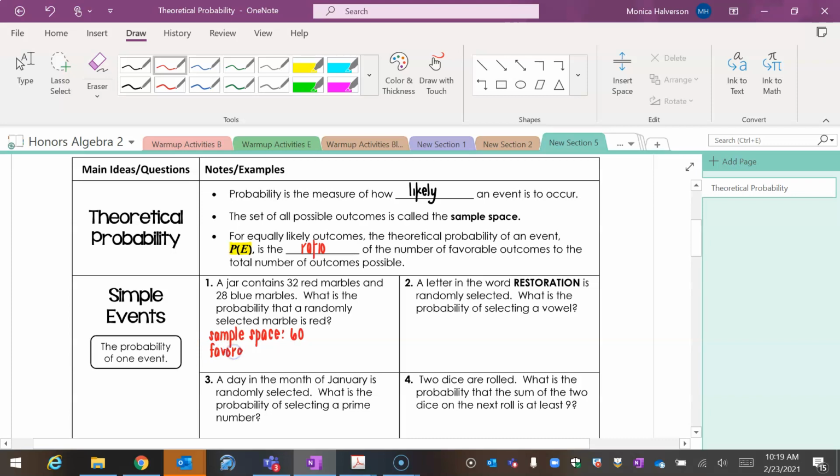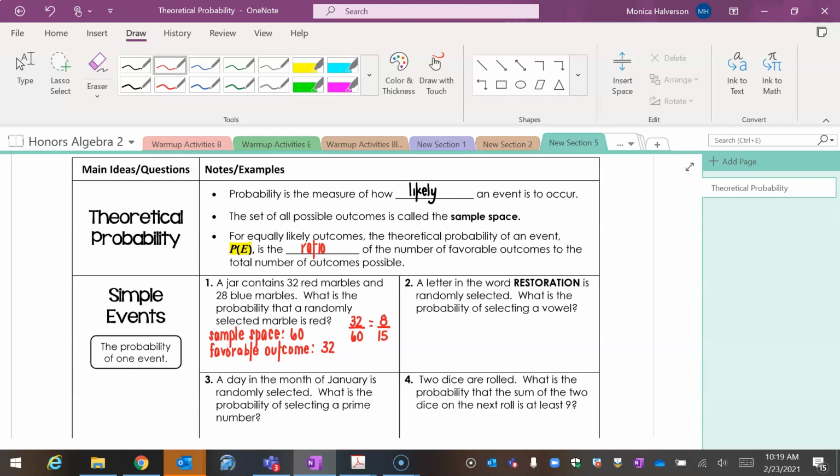So when asked to find this probability, it would be 32 divided by 60, which can be simplified down into 8/15. And you're going to leave it in fraction form for now. We are not converting it into decimal form.